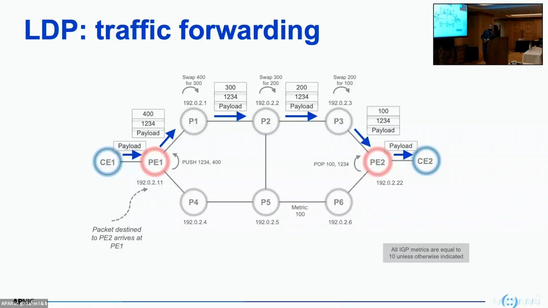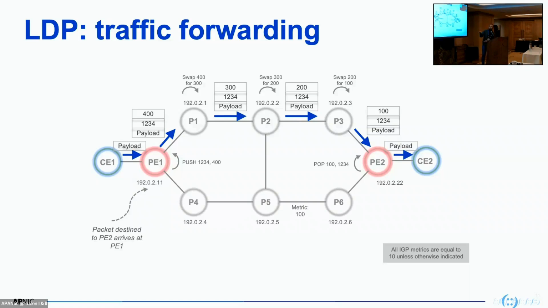So how about the label 400? Does C1 hop this label too? This one is to go to the next hop, and this one is the service label. It's called a label stack. A label stack is a couple of labels together. Depending on the reason, the router will look at it.